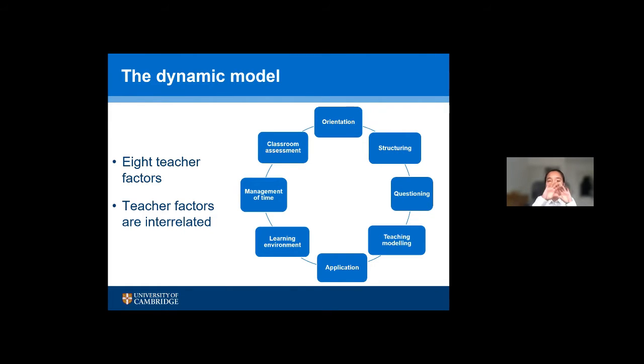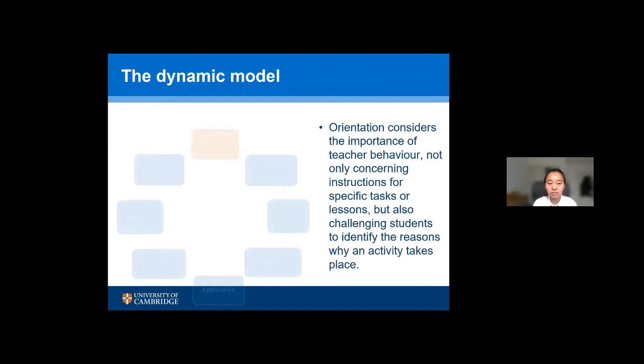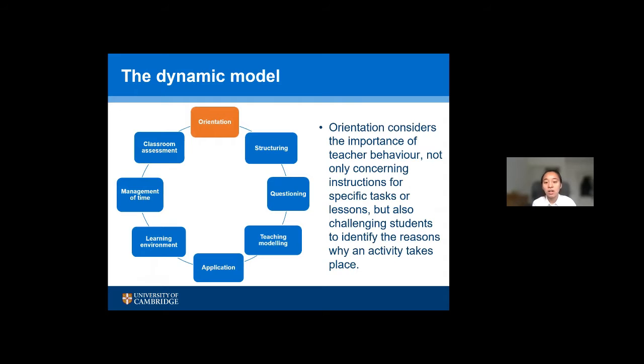These are 8 teaching skills which can be improved in order to improve your teaching skills. And these 8 teacher factors are interrelated to each other. So now we are going to talk about each factor.